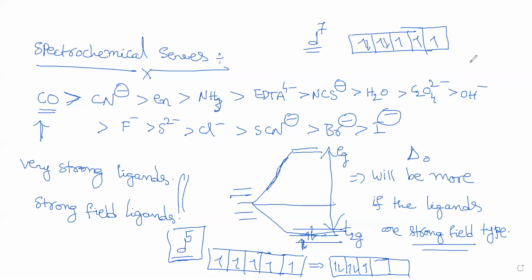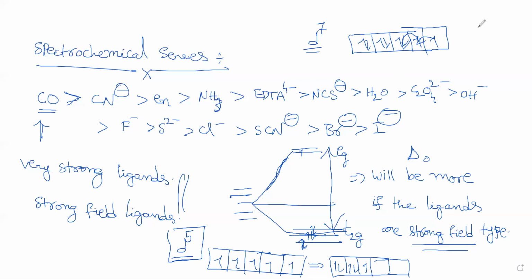What happens is that the electrons start filling here, up to here, so this electron will also go back and get filled, and this electron will jump here. That's how you get the D7 system.